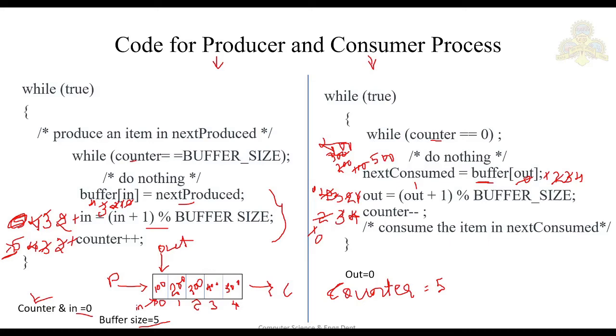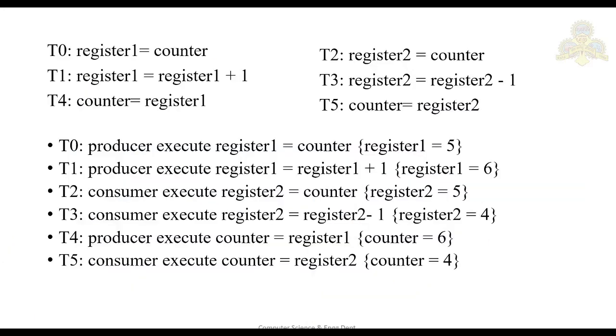Okay. Now let us look into the problem of this one. So in the producer process, we had a statement. In the producer, we had a statement counter plus plus, right? Now this can also be written as counter is equal to counter plus 1, right? Okay, so whenever in a system you are executing this type of instruction, we make use of the registers, right?